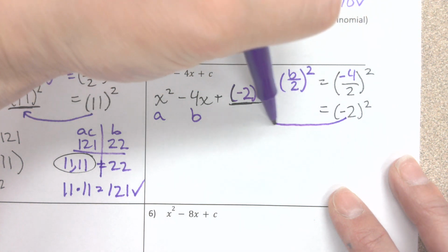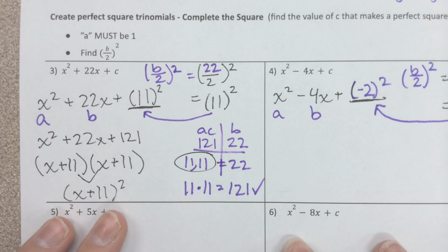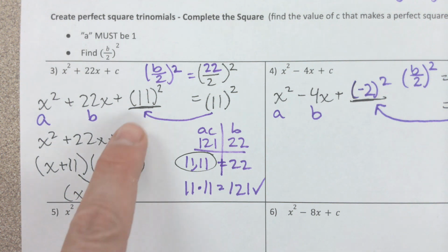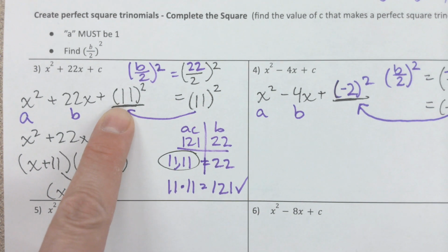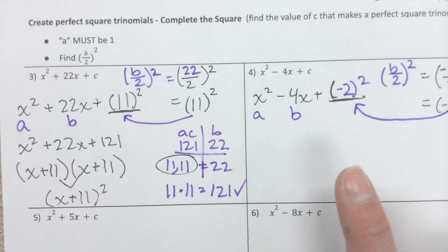So let's put the negative 2 squared into here. Now remember, on the previous problem, when we did all of this work, we ended up with x plus 11 squared, and that 11 came from up here. So I'm going to jump straight down to this step, except for number 4.